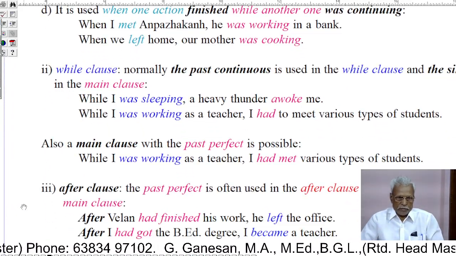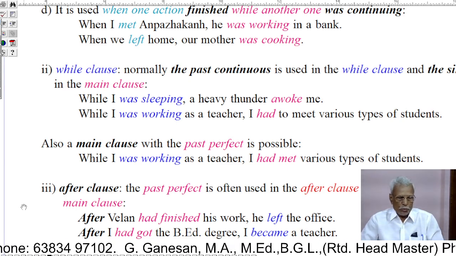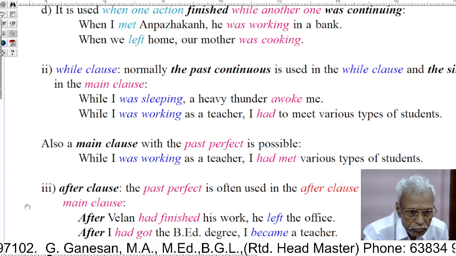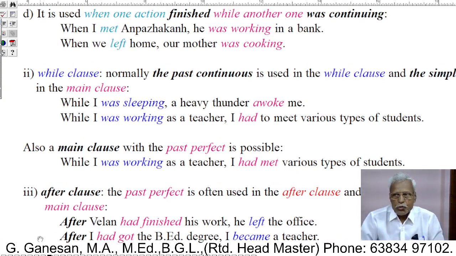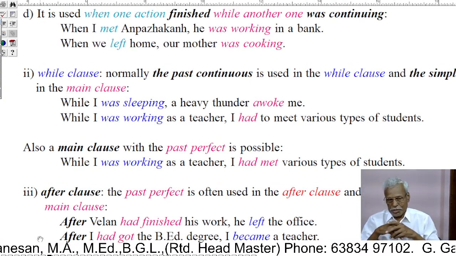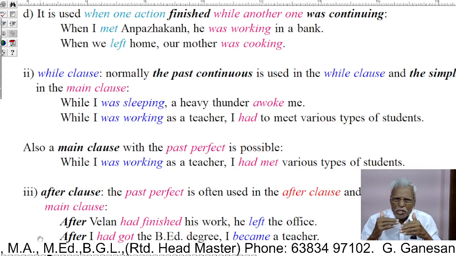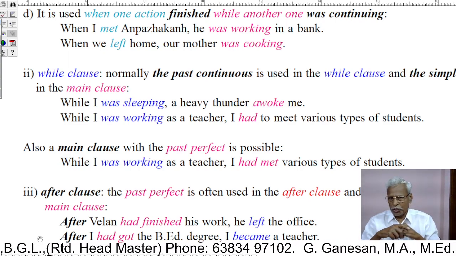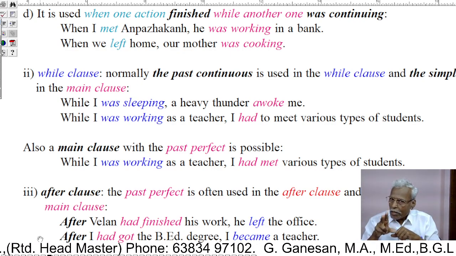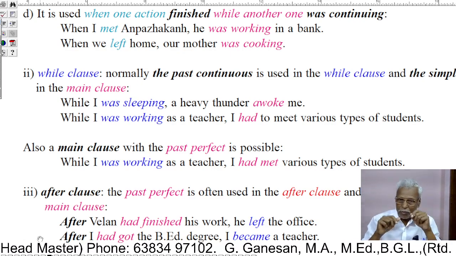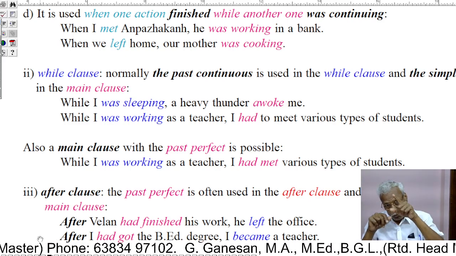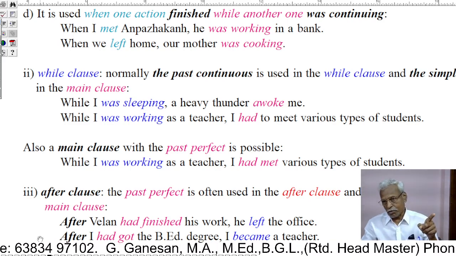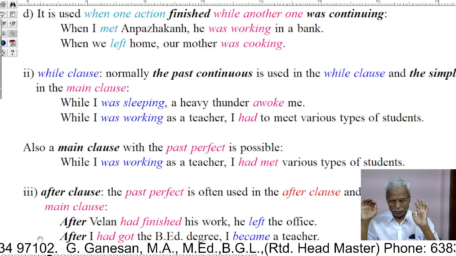The sixth use: the while clause. What is the use of the while clause? What is the difference between when and while? When two actions happened in the past, one action finished first and another action was going on, continuing.